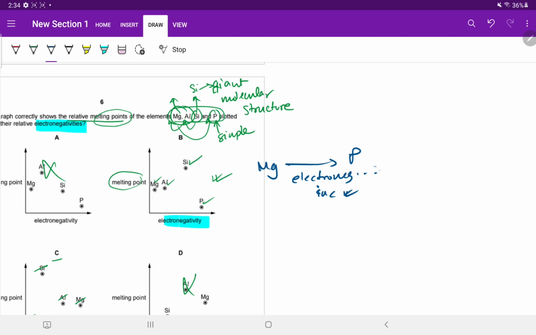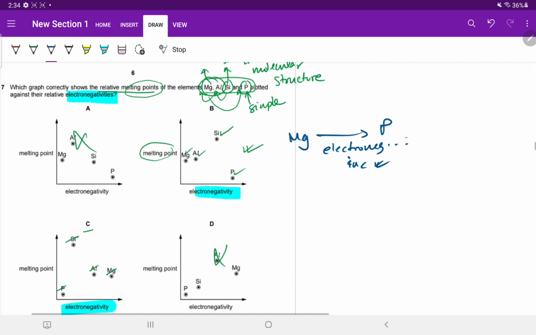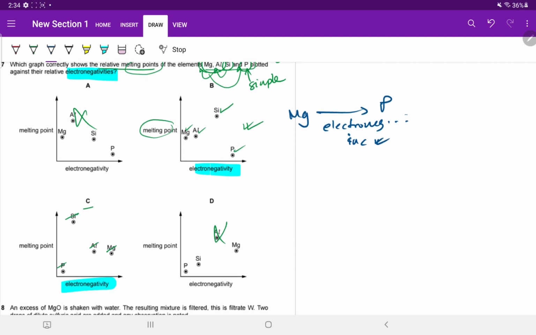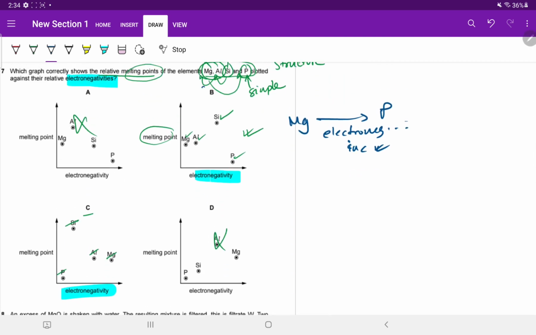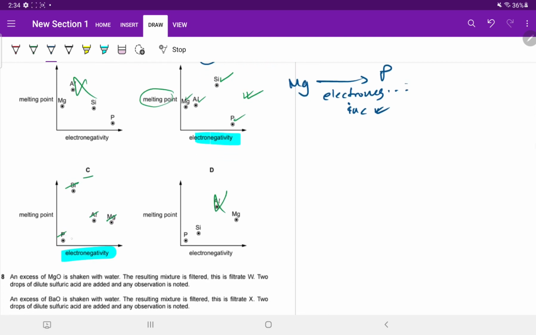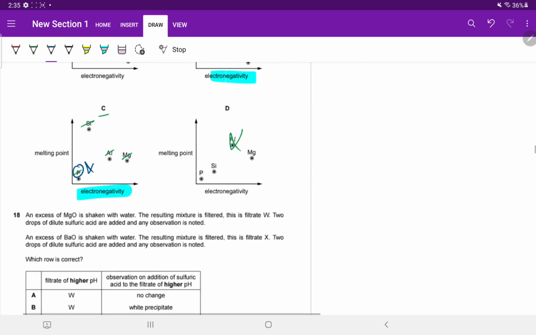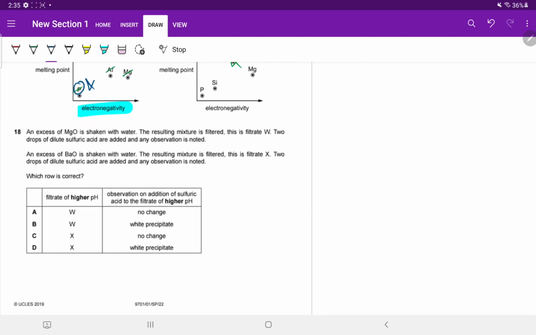So as a result, the electronegativity across a period always shall increase. This is shown by option B, so option B is correct. Option C does not show it. It shows that phosphorus has the lowest electronegativity value, which is absolutely wrong.